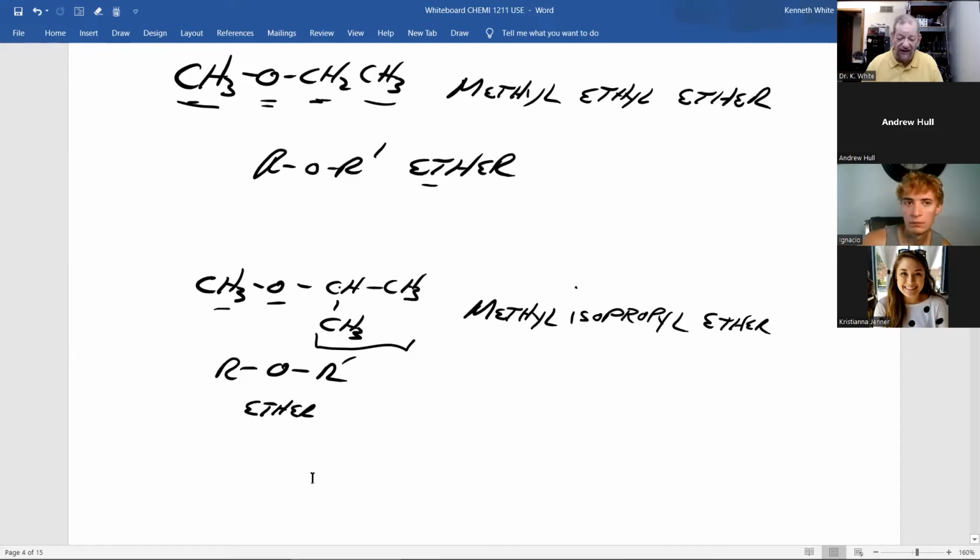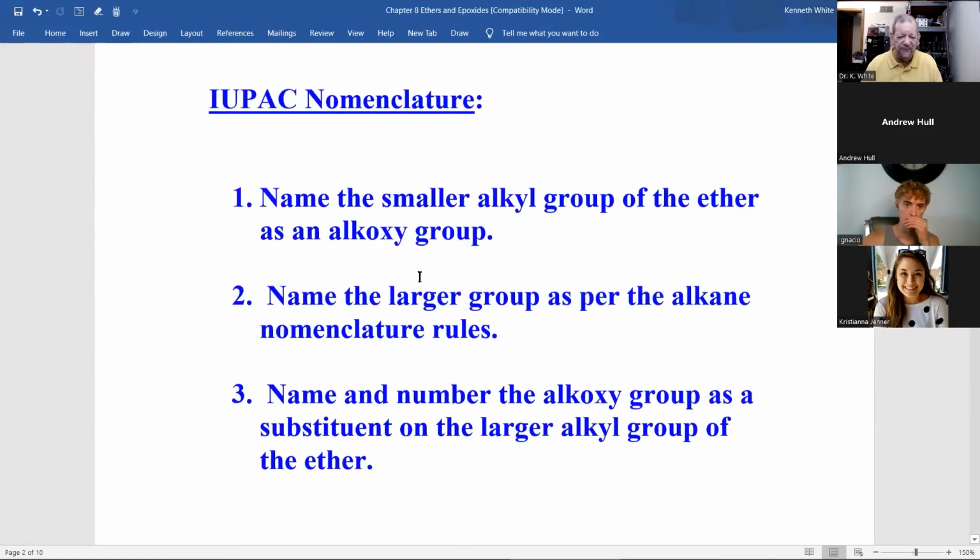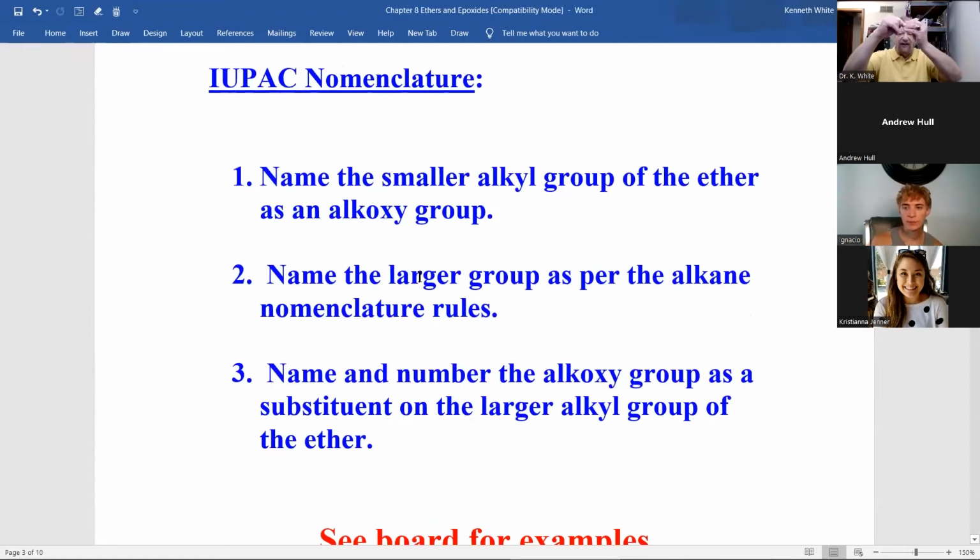Now, does Dr. White know the IUPAC rules for this? Yes. But do we use it? No, but let me show you why we don't use it. For your IUPAC, you name the smaller of the alkyl group as what's called an alkoxy group.